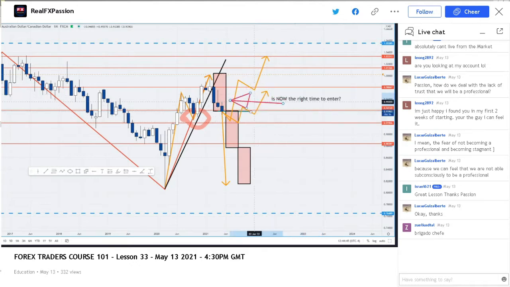Well, here is the question. If we as beginner traders or intermediate traders, some of us advanced, are expecting a pullback, a retracement from the monthly or the weekly or the daily or the 2-hour chart, is now the right time to enter?